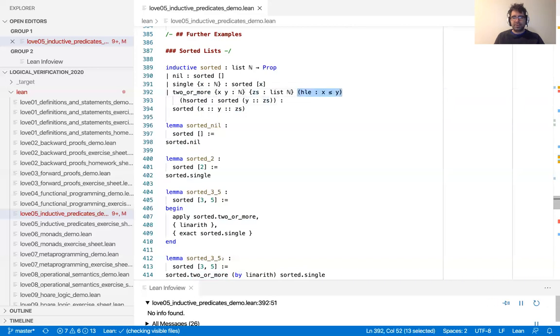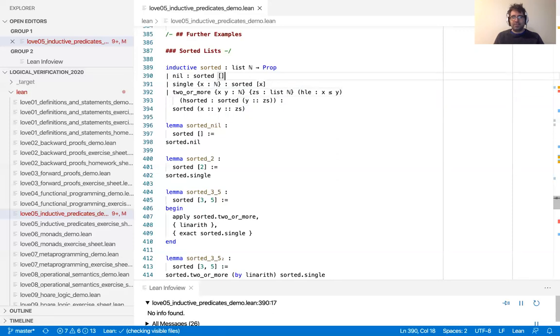We have the condition that X must be smaller or equal Y, and also that the list Y cons ZS, so everything but the X, the rest of the list, is sorted itself, right? And if you have these two conditions, then the whole list is sorted, is what we're saying here. Right, so this is how it was defined here.